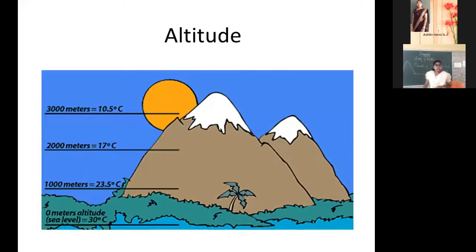Can you understand? Now, on page number 35, underline: altitude is the height of land above sea level. Next, leave the next line. Next, underline: temperature decreases with an increase in altitude.